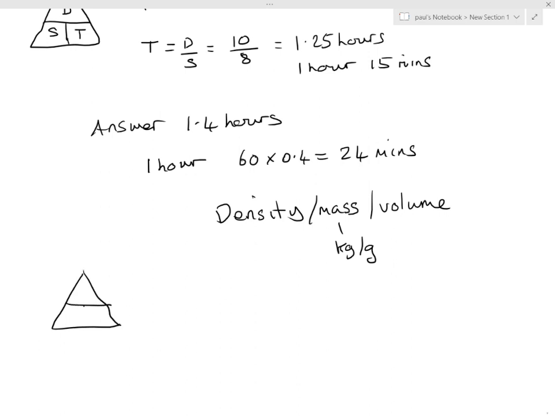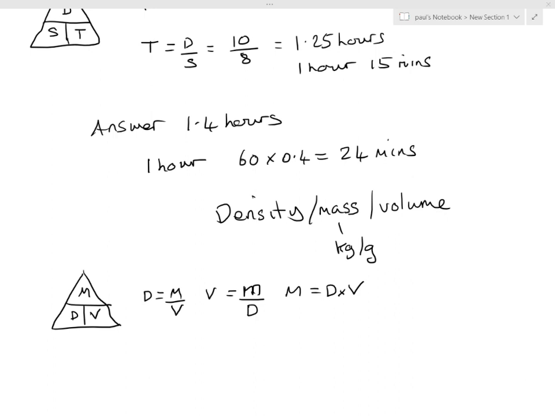So we've got the density, the volume and the mass. The density equals the mass divided by the volume, the volume equals the mass divided by the density, and the mass equals the density times the volume. So you've got all three possibles there.